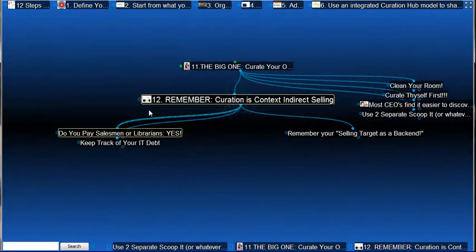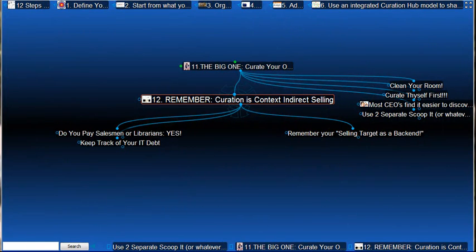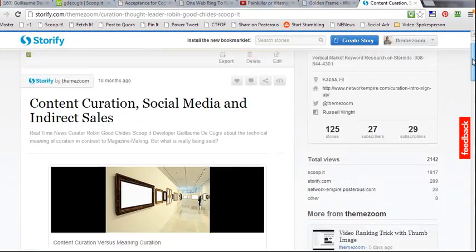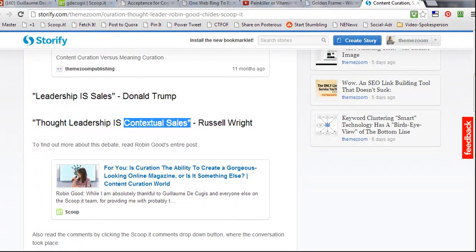And finally, number 12, content curation, social media, and indirect sales. Okay, this is my pet peeve about the curation industry at large and the buzz, okay? Thought leadership is contextual sales. It's also indirect sales. Just remember that you have to be a thought leader if you're really going to drive novelty, if you're going to really create meaning for your audience.